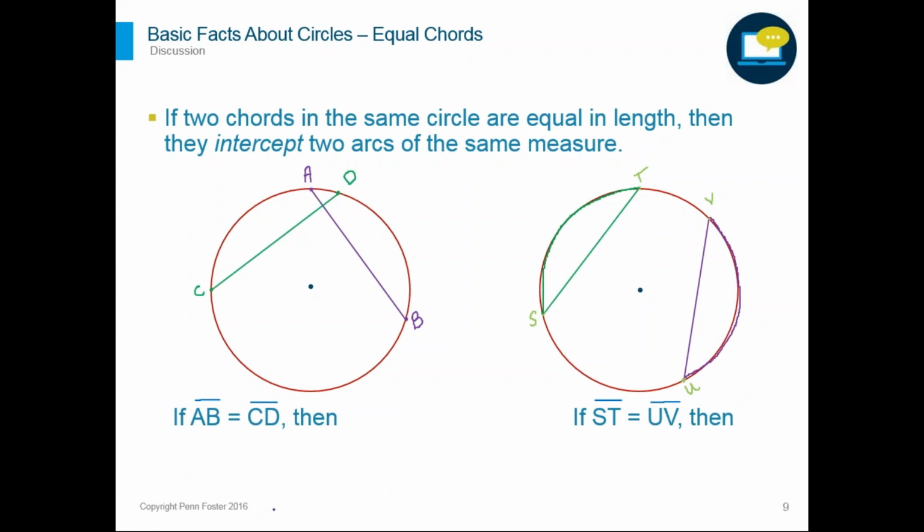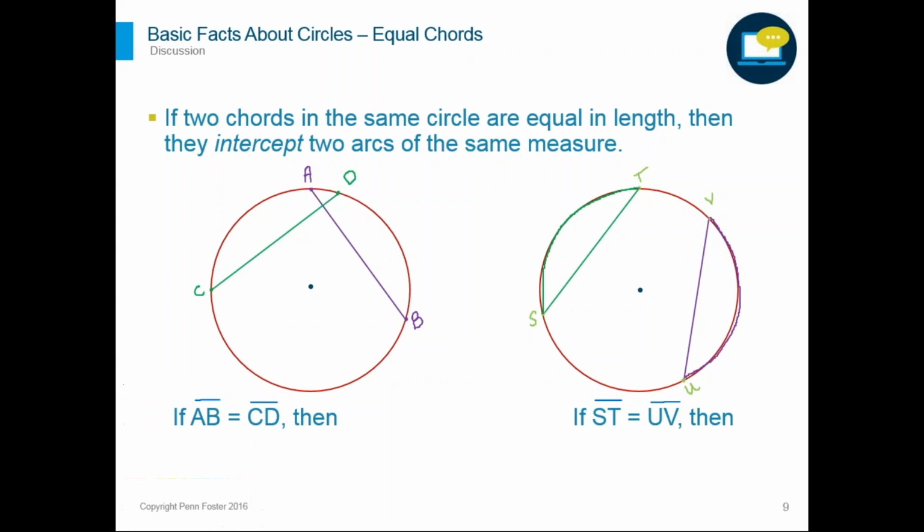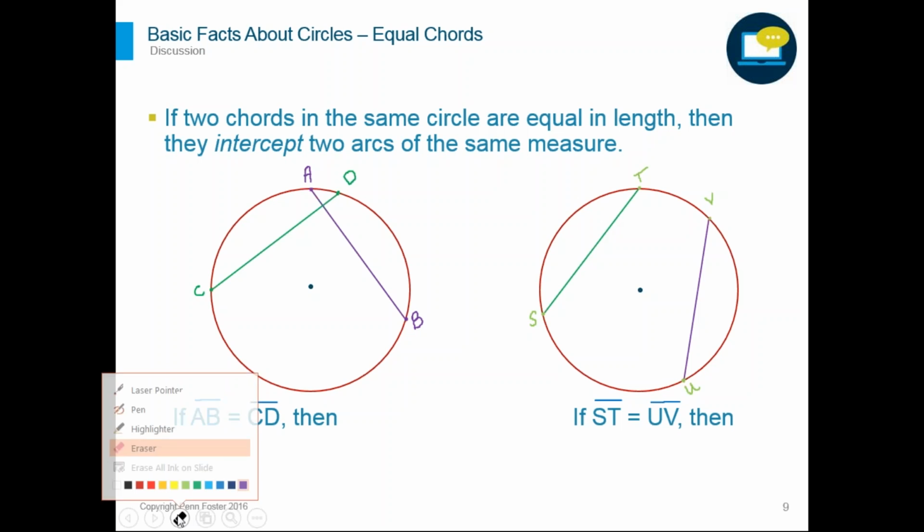There is another set of arcs that are equal in this setting. Let me erase the ones that we just did. Arc ST equals in measure arc UV. That's obvious. What else? Okay, let's use the same colors that correspond to the chords.